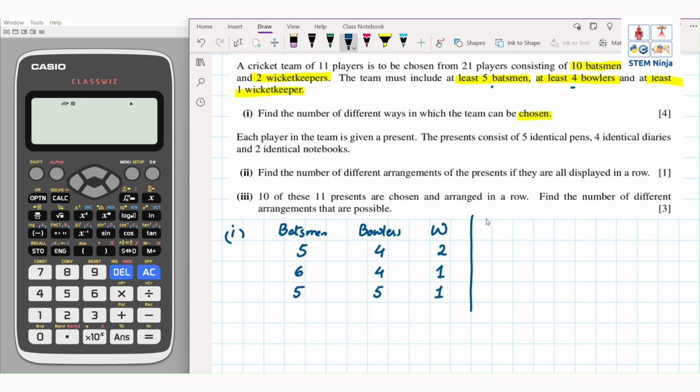Now, the combinations themselves. We have 10 batsmen, so we are choosing only 5 from 10. Similarly, from 9 bowlers we are choosing 4, and from 2 wicket keepers we are choosing 2. Similarly, 10C6, 9C4, and 2C1.